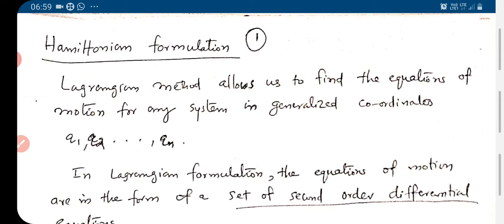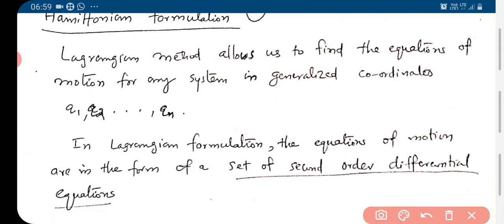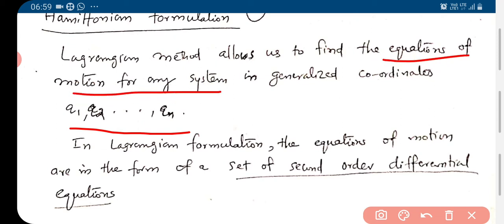In the Lagrangian formulation, we find the equations of motion for any system in generalized coordinates q1, q2, ..., qn. We know how the generalized coordinates are obtained after considering the constraints in the system.